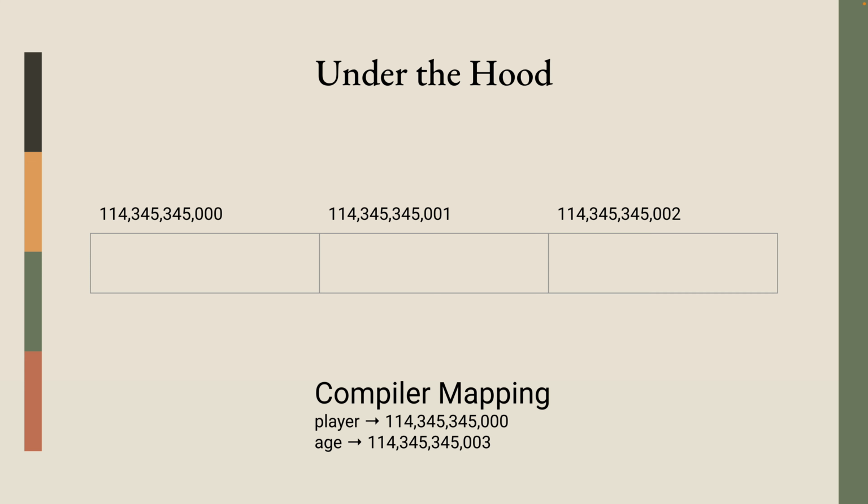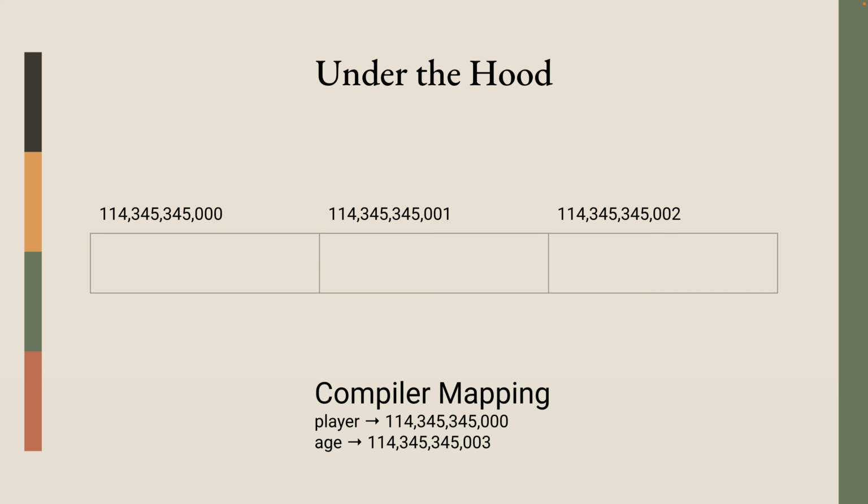So player and age are 2 different variables, just examples of variable names, and those numbers are the addresses that were open that they were assigned to. Yes, exactly. Just to repeat it so that everyone hears, player and age in this example are 2 different variables, and they'll each get their own memory location, and the compiler will take care of finding open space to assign.